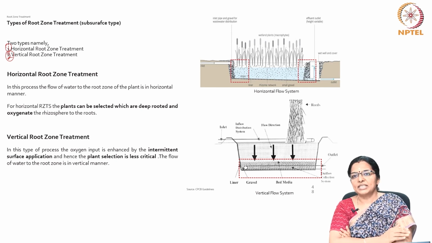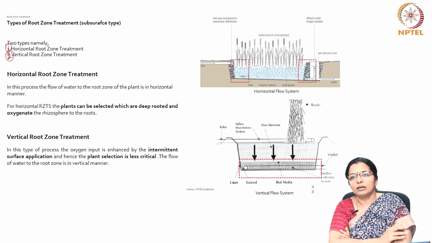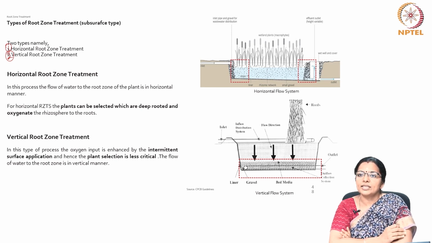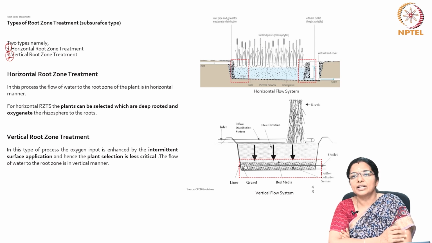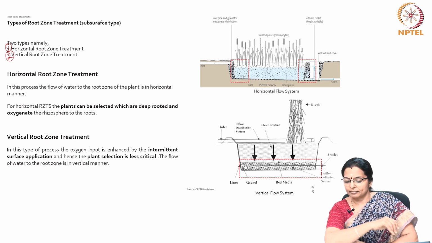The plants can be selected which are deep rooted and oxygenate the rhizosphere of the roots. Whereas in the vertical root zone treatment, the process requires the oxygen input to be enhanced by the intermittent surface application and hence plant selection is less critical. The flow of water to the root zone is in a vertical manner.